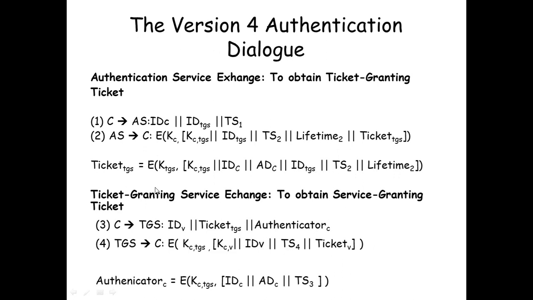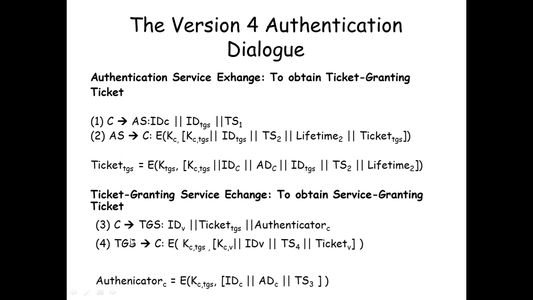Next, when the ticket granting server receives the request from the client, it will have the identifier, the ticket granting server ticket, and an authenticator. This authenticator will have the key shared by the client and the ticket granting server, the identifier of the client, the address of the client, and another timestamp, that is timestamp 3.